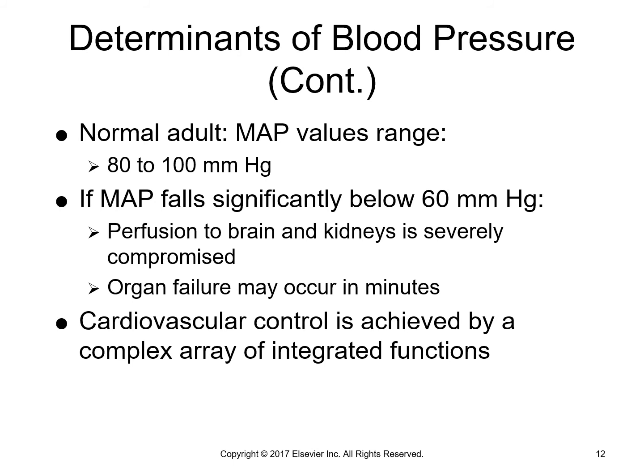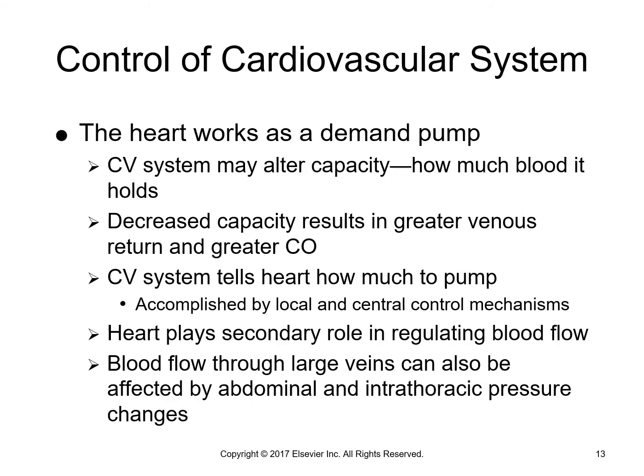So there's a bunch of different ways that this is controlled. It's a complex array of integrated functions, and I'll touch on those in the next few slides. Okay, so the heart basically works as a demand pump. The cardiovascular system may alter capacity, how much blood it can hold.